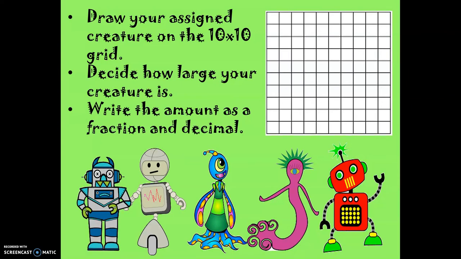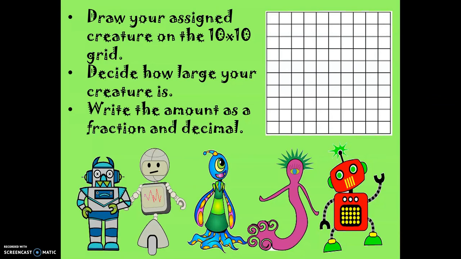If you have an adult or a sibling who has been doing this with you, even if they didn't do their own, do you think that you would have counted up the spaces in the same way? If you did or if you didn't, then how are those strategies related to each other? How is the fraction for this creature related to the decimal?